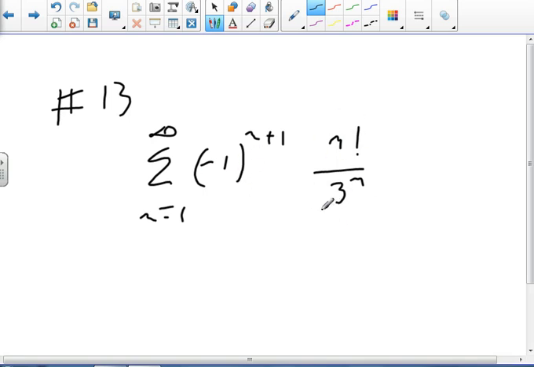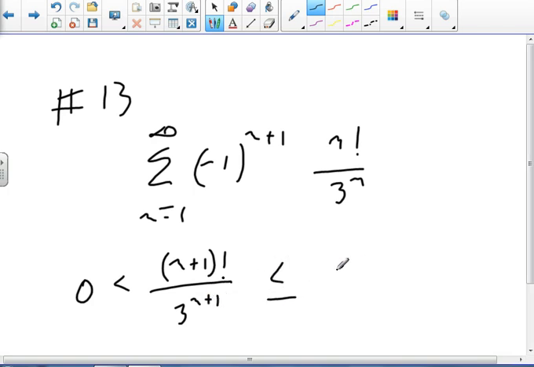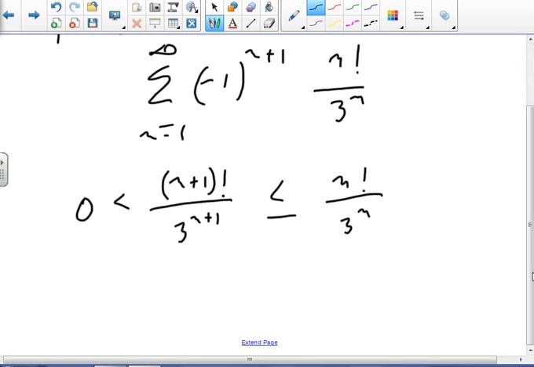So now the issue is, does this diverge? So is 0 less than n plus 1 factorial divided by 3 to the n plus 1? Is that less than or equal to n factorial divided by 3 to the n? So that's what the question is.